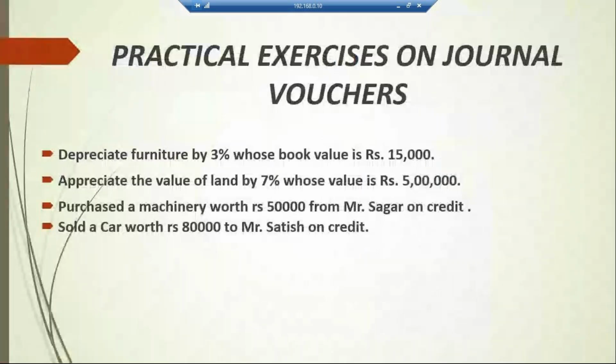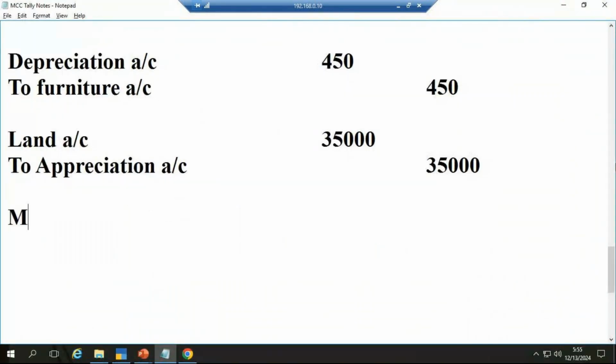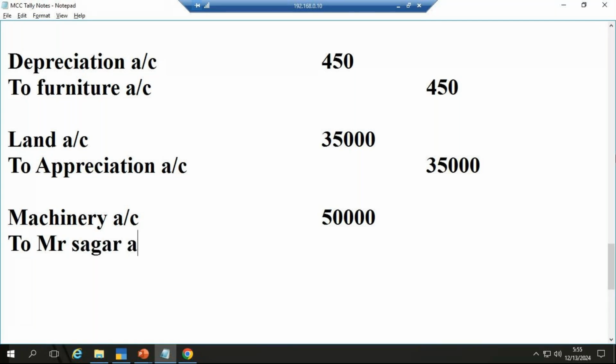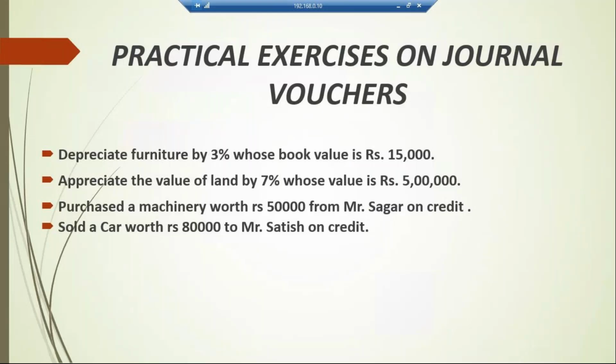Next, purchased machinery worth rupees 50,000 from Mr. Sagar. So we are purchasing the asset. Take it as machinery account debit worth rupees 50,000 to Mr. Sagar. Sagar is a giver, so credit him 50,000. Enter. Then sold car.